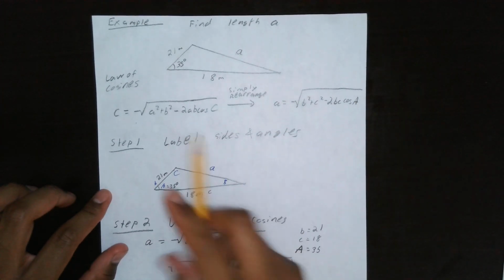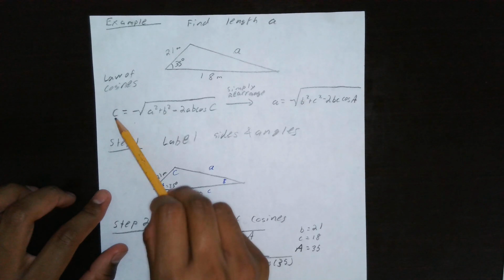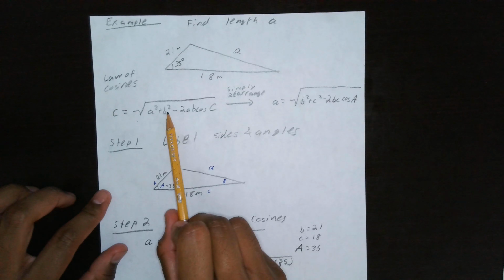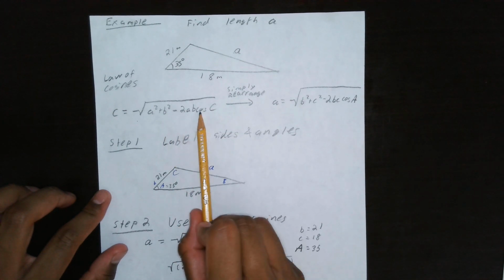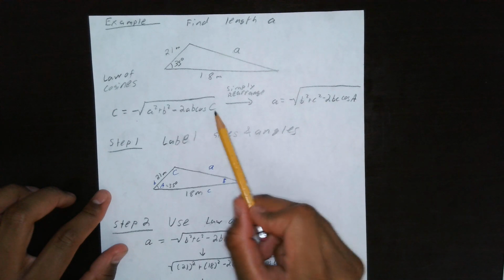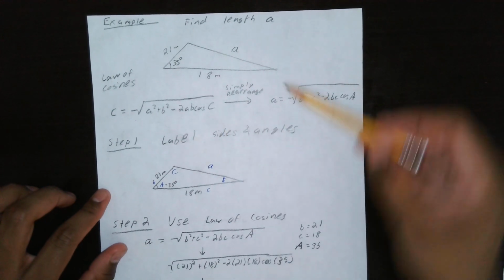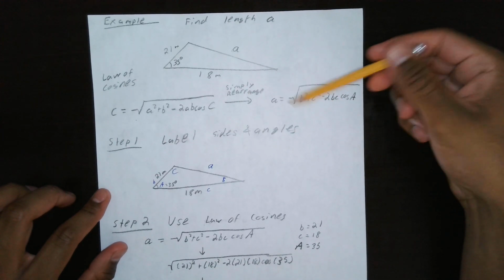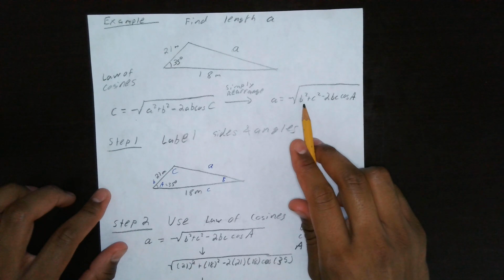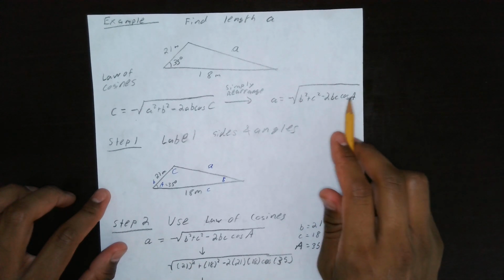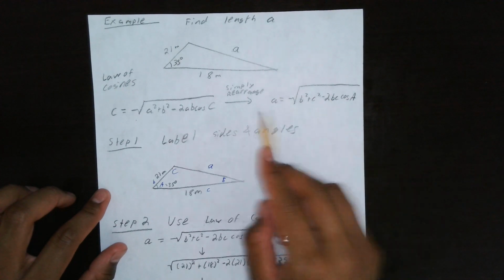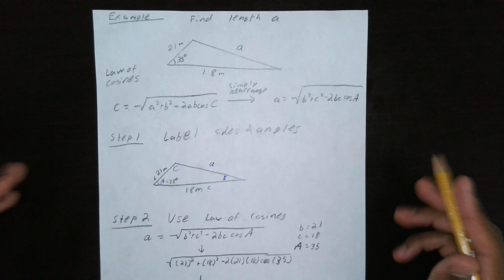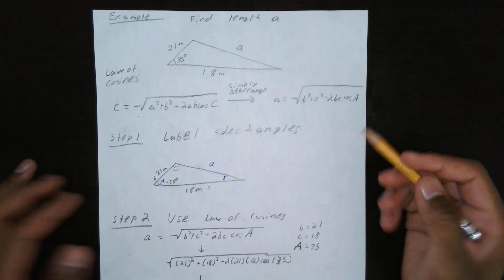So, recall that the length of side C is equal to the length of side A squared plus the length of side B squared minus 2 times the length of A times the length of B times cosine of angle C. Now if we want to solve for A, we simply rearrange this, and we get A is equal to B squared plus C squared minus 2BC cosine of angle A. We simply rearrange these letters and substitute in for them. It works.